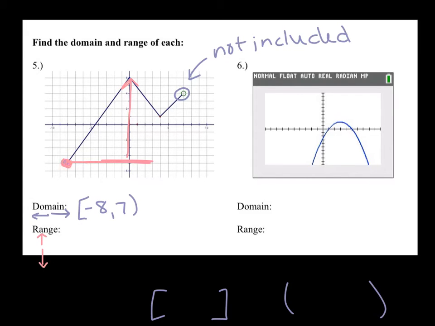So this dot is included. This point is on your graph, part of your function, so it's included. So both values can use a bracket. So -5 to +6. All of these y values are on your graph, so they do need to be included.